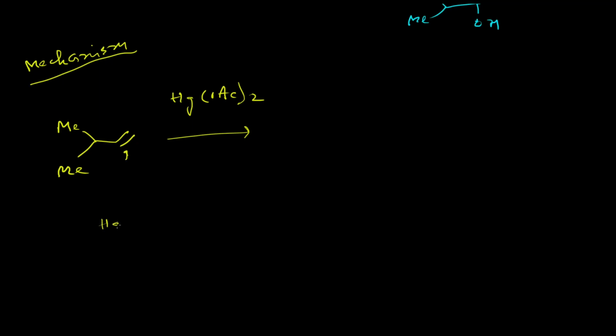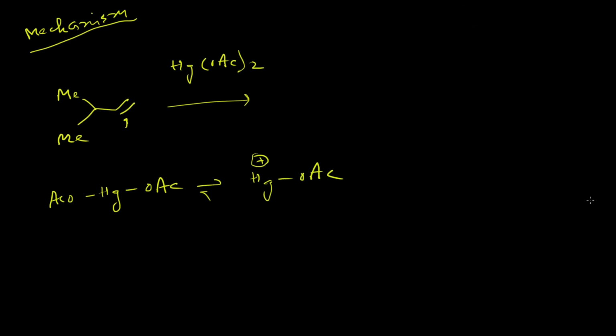The electrophile is this mercury cation, and the nucleophile is obviously the double bond of this alkene. So this is the electrophile, and this will be our nucleophile.